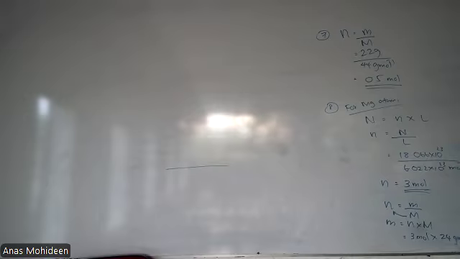Multiply, 18.066 into 10 to the power 23 carbon dioxide molecules. The question asks for the total atoms. In one carbon dioxide, how many atoms are there? One carbon and two oxygen, total 3 atoms are there.